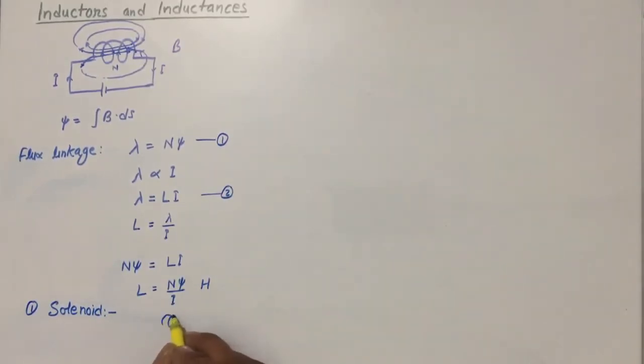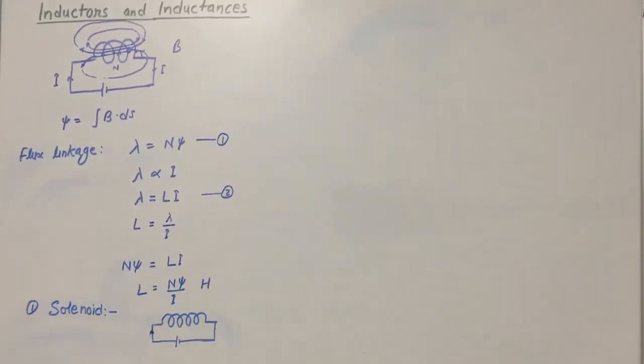So if this is the solenoid of length L, and the total number of turns is N, and the current flowing through it is I, assuming small i.